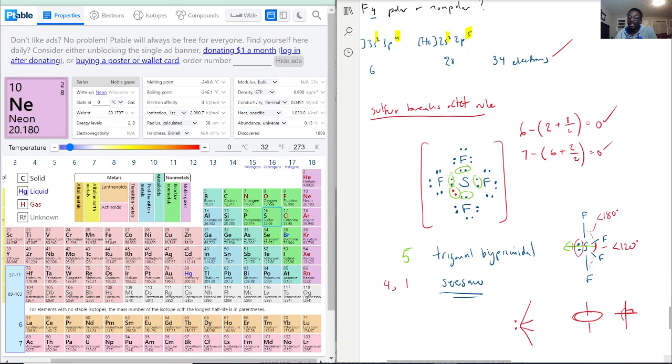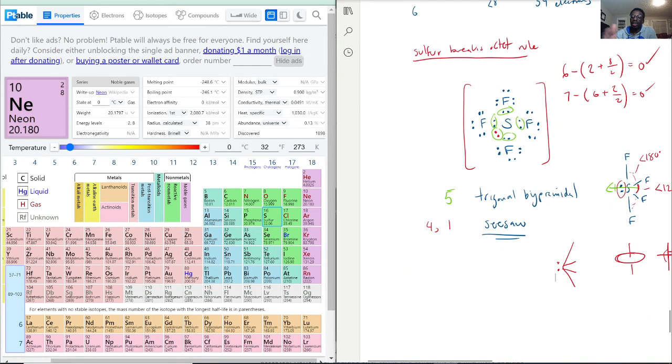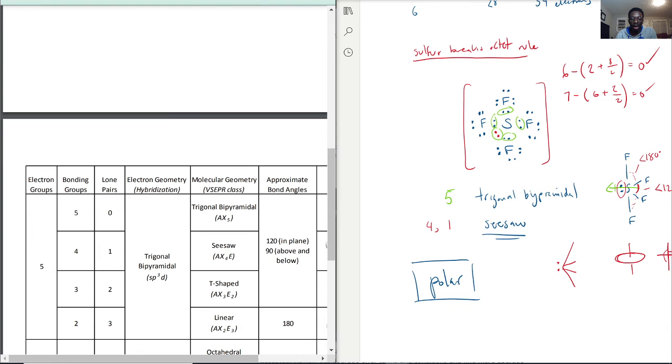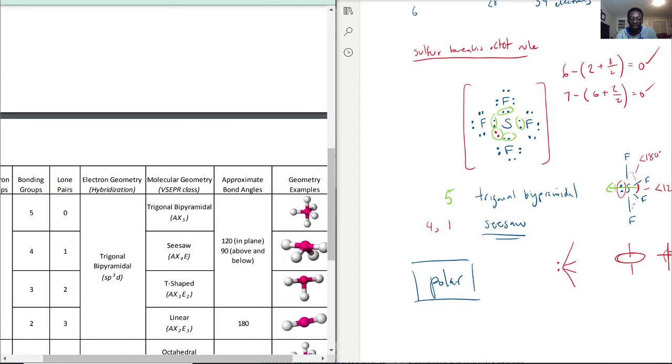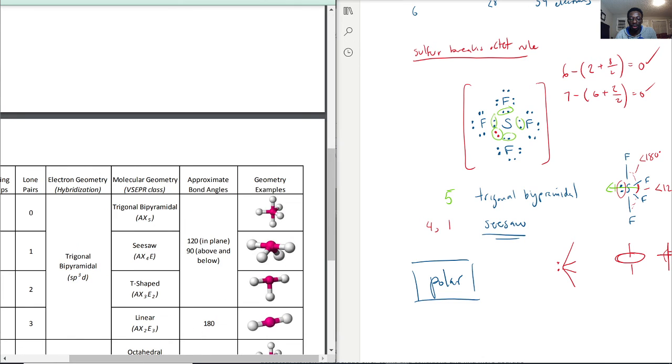But all that being said, SF4, sulfur tetrafluoride, is polar because the molecular geometry shows it's a seesaw. We can actually confirm it here. If we scroll down, you would see we have 5 and it's trigonal bipyramidal and seesaw, 1 lone pair, and we have this type of shape.